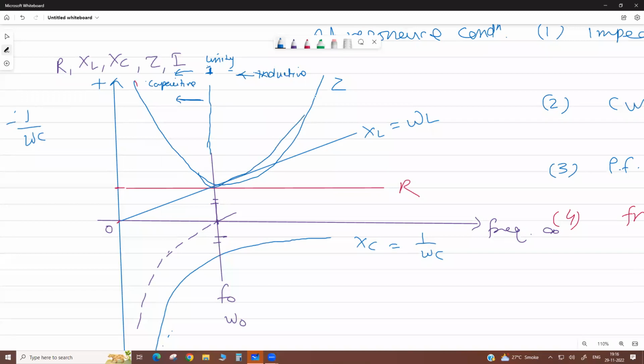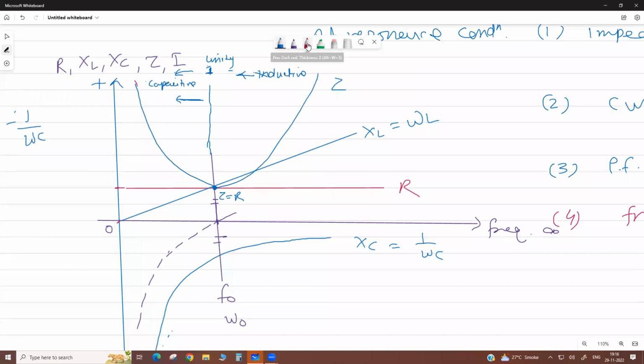And you know, at resonant frequency, at this point your impedance is minimum, equal to R. So here Z equals R at this point.